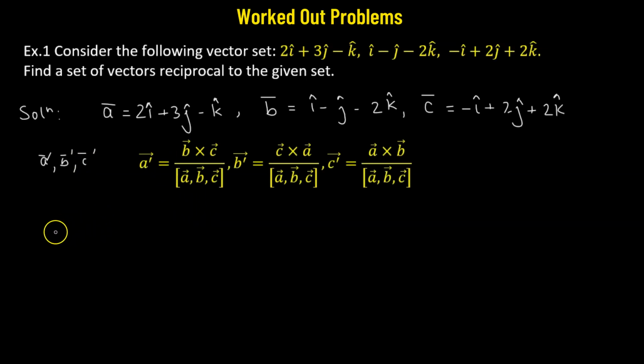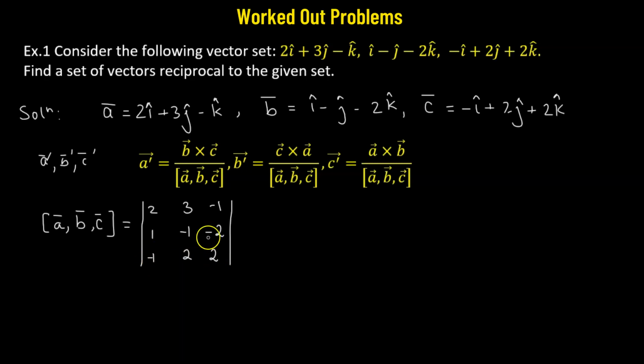Let us begin by first obtaining the scalar triple product of vectors a, b and c. To find it, all we have to do is obtain the 3 by 3 determinant, where in the first row we have components of vector a: 2, 3, negative 1. In the second row we have components of b: 1, negative 1, negative 2. And in the third row we have components of vector c: negative 1, 2 and 2.